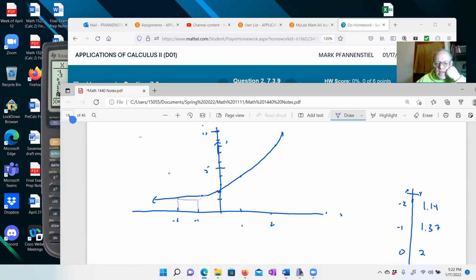We go up here to 2, wherever 1 was, and the area we're calculating is this.